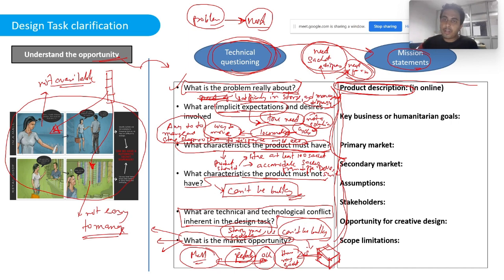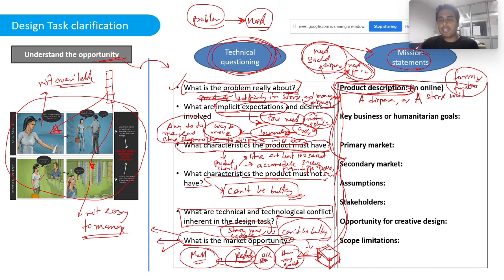Now you are saying a product description like a marketing guy. You are saying a dispenser, or you can say a storage unit. So now you are trying to define the form and the function of the product using a description.